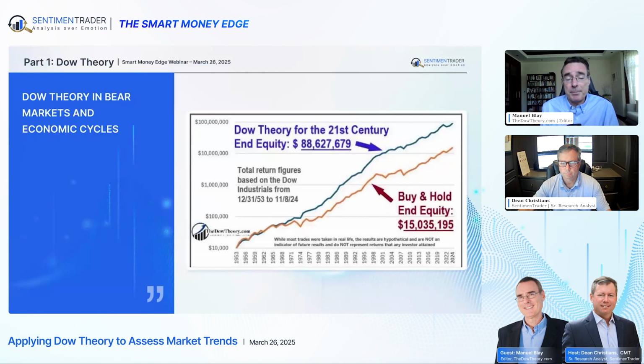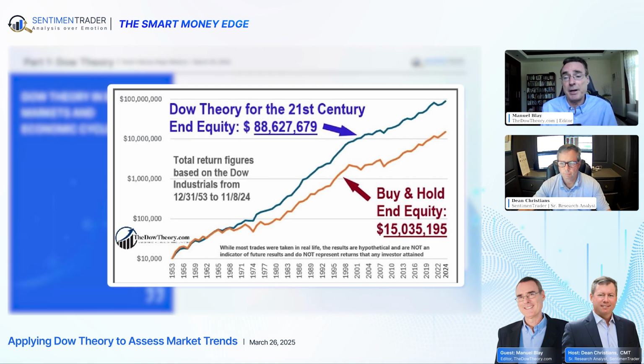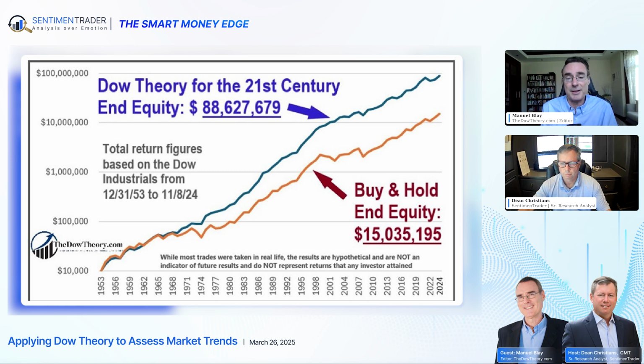Well, the proof of the cake is in the eating. So for instance, here I compared the Dow Industrials in buy and hold mode versus the Dow Theory, starting in 1953 and ending by the end of 24. And you can see a consistent pattern of outperformance and drawdown reduction.